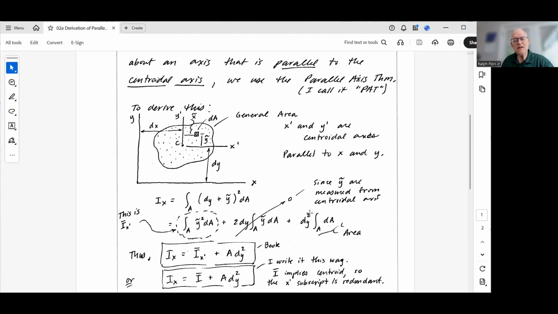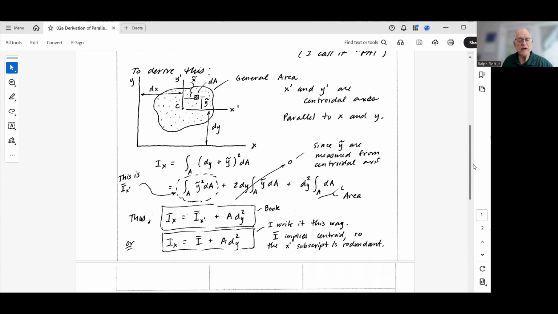This term is dy squared times the integral of dA, but the integral of dA is the area. And finally, this term is the integral of y tilde squared dA, and so this is I bar about the X prime axis. So finally, Ix is just I bar of this area about its X prime axis plus its area times the distance dy squared.